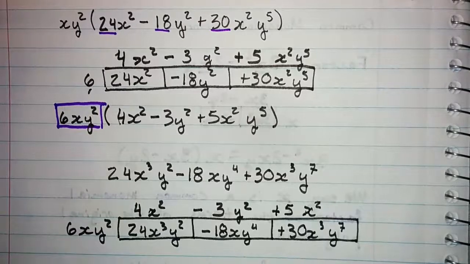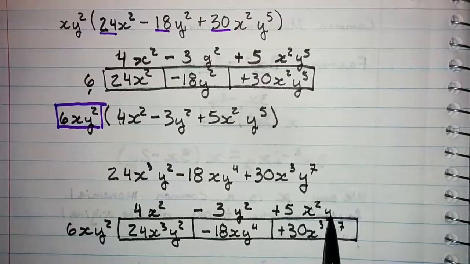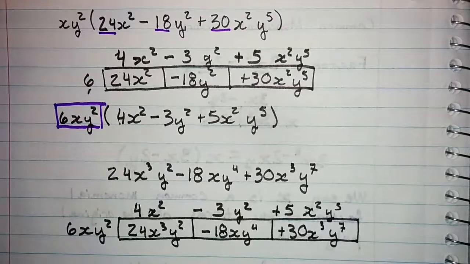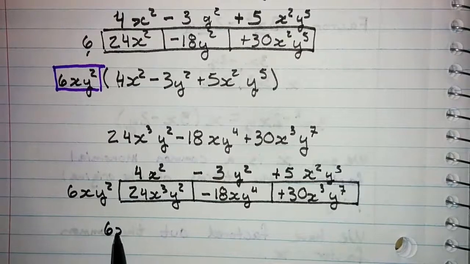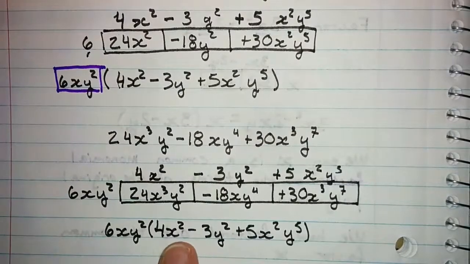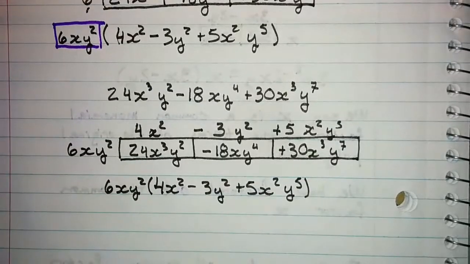That's x squared. What times y squared gives me y to the 7th? That's y to the 5th. And I would have gotten the same factored form. And now notice again that these have nothing in common, that is, nothing common to all three. So there are no further common factors we can pull out.